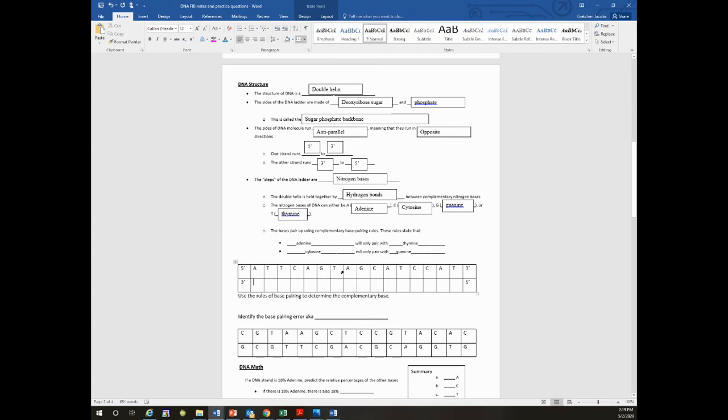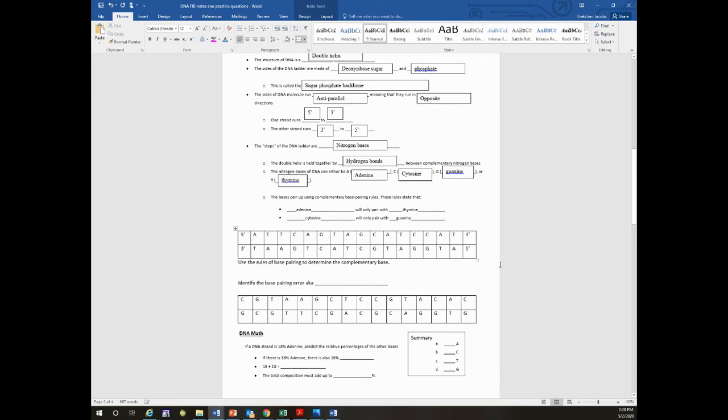If I have an A here, A would always pair with T, T would always pair with A, T again with A, C, cars in the garage, pairs with G, T, C, A, T, C, G, T, A, and then G, G, T, A.